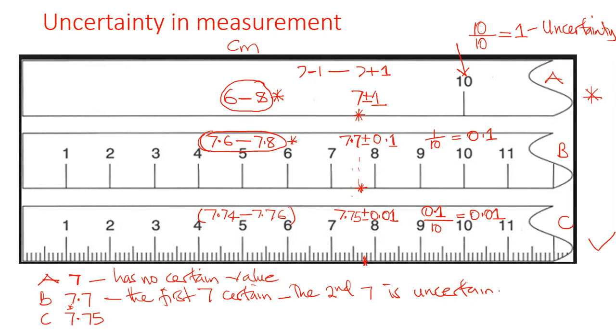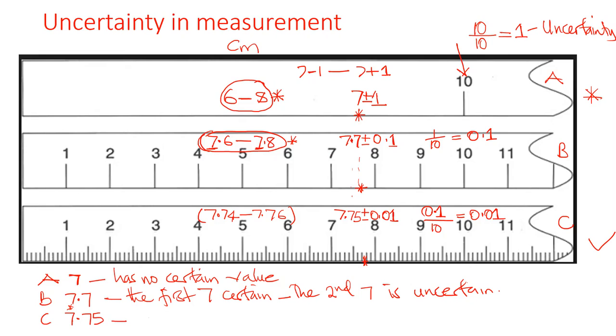That's why we have 7 here and we also have 7 here. So we are sure that we are going to have a 7 in that number, the first value. But the second value, we are not sure. It may be 7.6. We may have 6 here. We may have 8 here. Or we may have 7. So this last number here is uncertain. We just put it there, but we are not 100% sure that it is a 7. It may be a 6. It may be an 8.